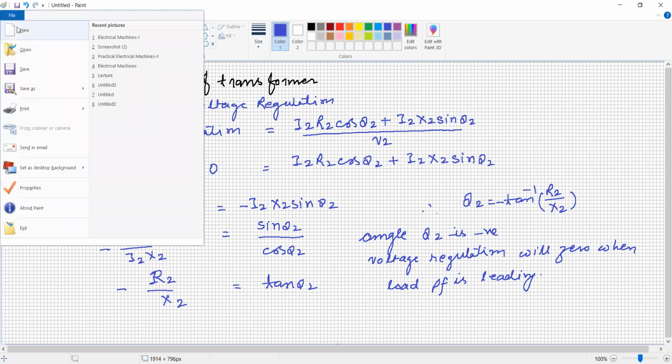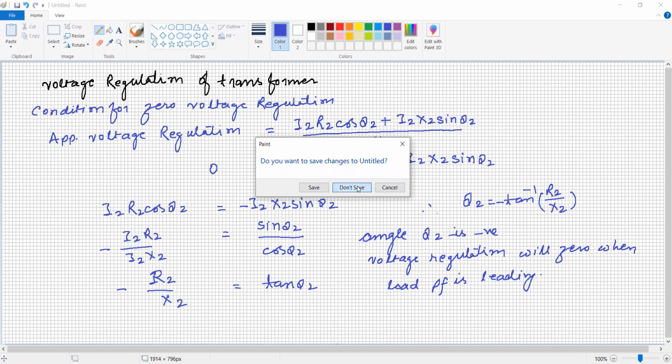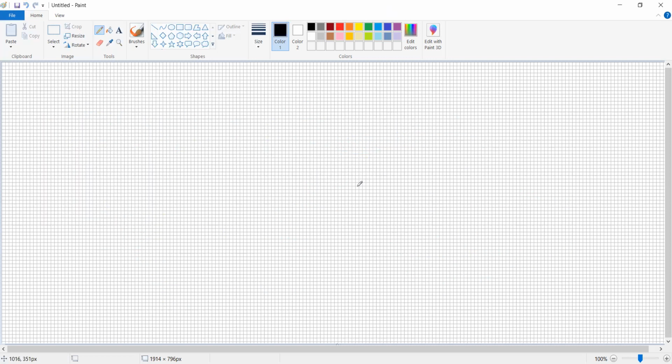Now let us try to do some numerical based on this voltage regulation. The numerical is like this: a 10 kVA single phase transformer.